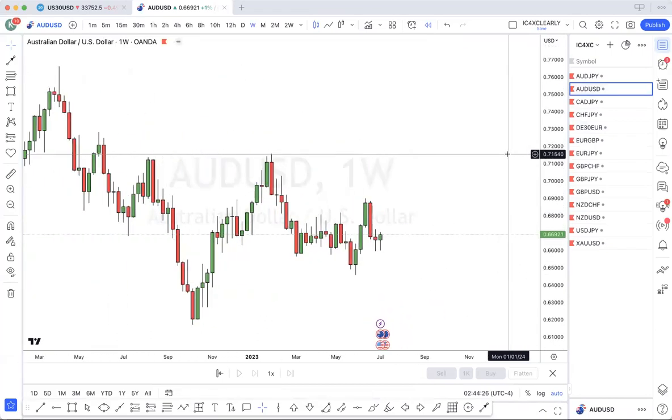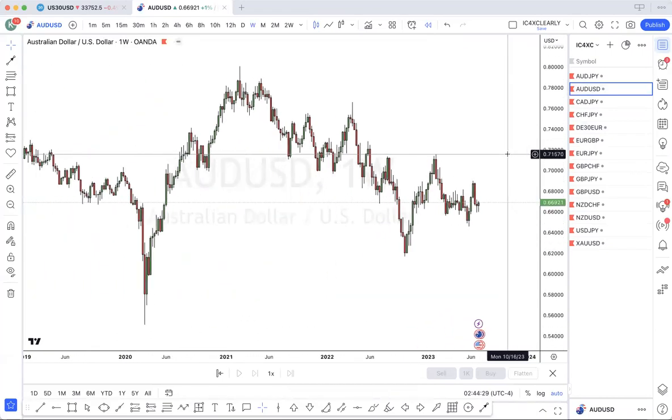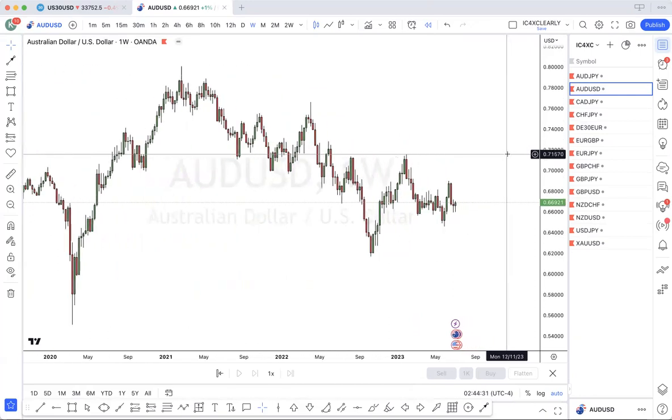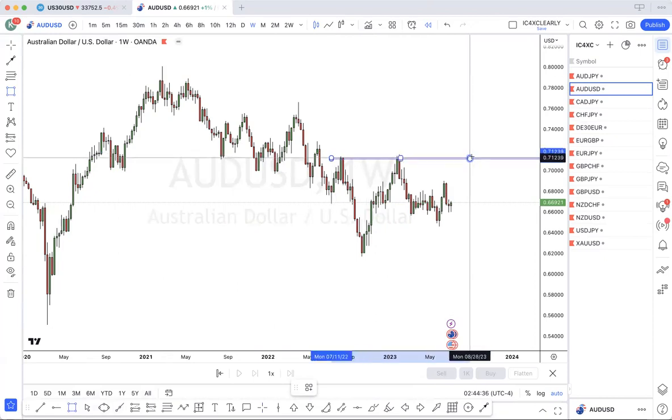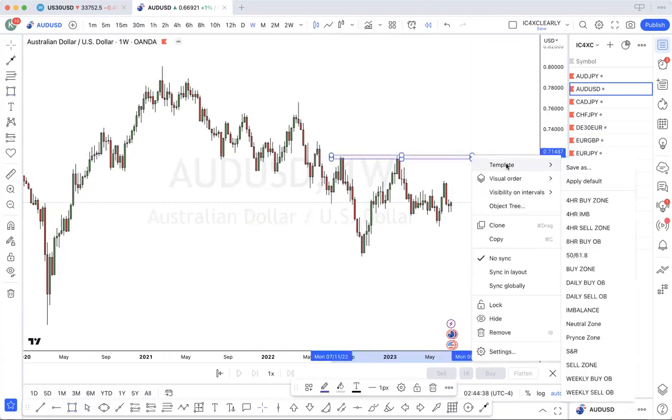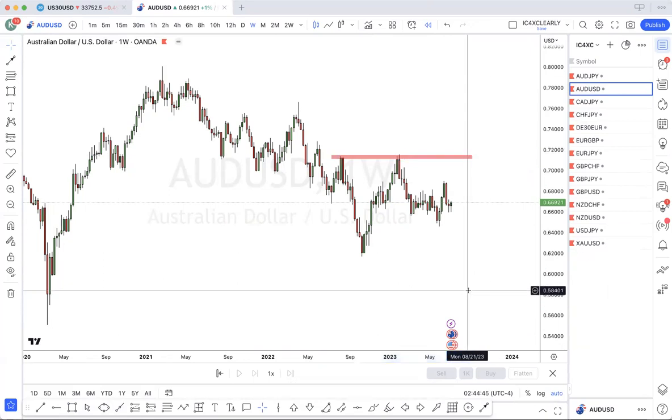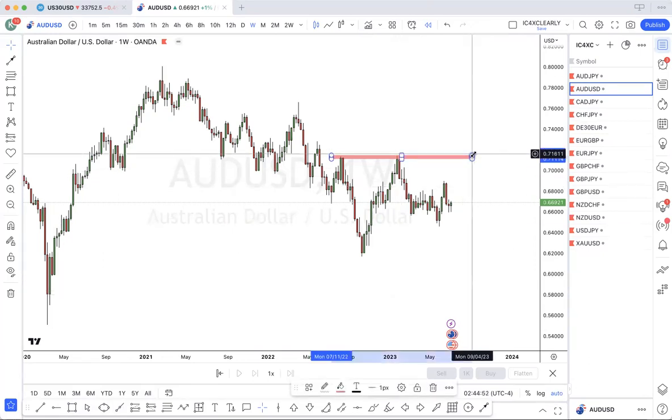AUDUSD has a weekly bullish order block. So we have equal highs here. Okay, we have equal highs here. That wick pass there.